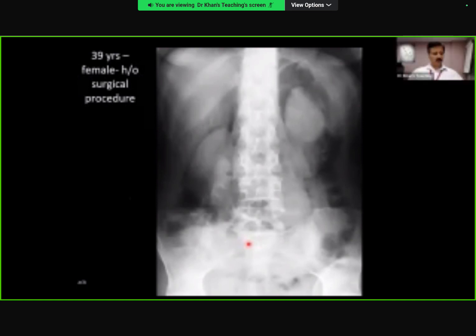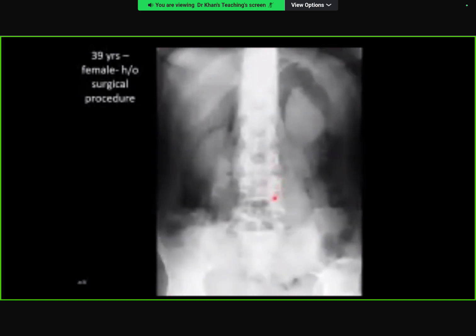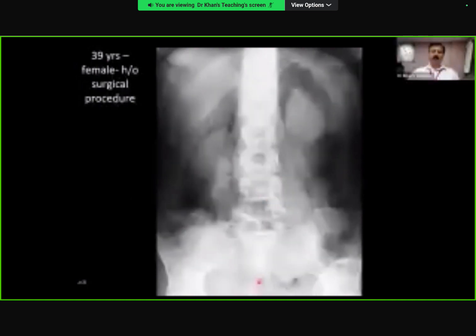So the patient has had a surgical procedure. So I'm just wondering what kind of hollow viscus could be retroperitoneal, the ascending structures. Why do you say so? My question is more basic. Why do you say that there is retroperitoneal gas?